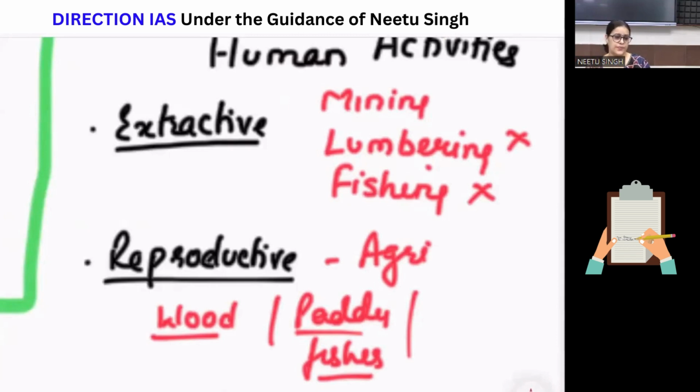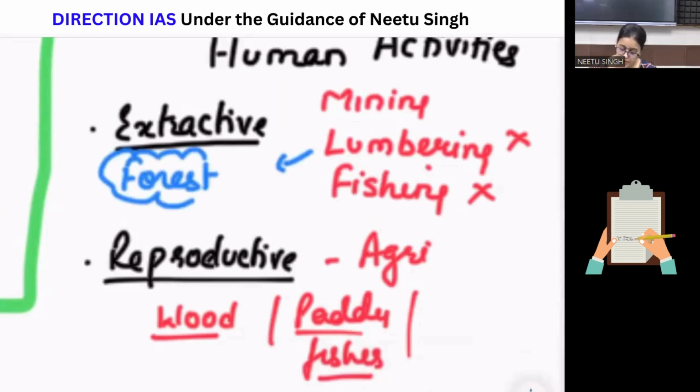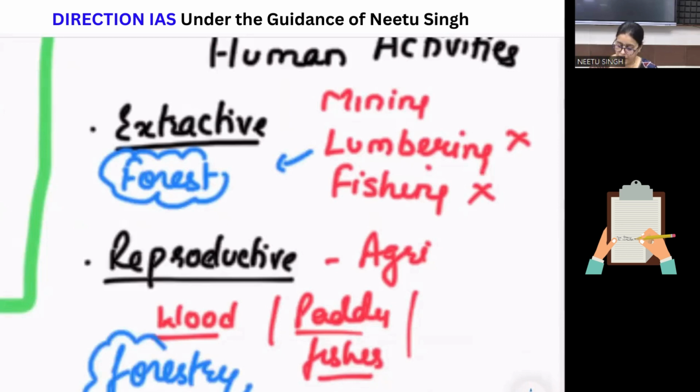Are you getting it? So when I am fishing from a natural fishing ground, it is extractive. But when I'm fishing from my artificially generated fish pond, it is reproductive. Give me a hand raise. We have always maintained this distinction. When we say forest, we say it is natural, and when I say forestry, we say it is cultivated by humans.